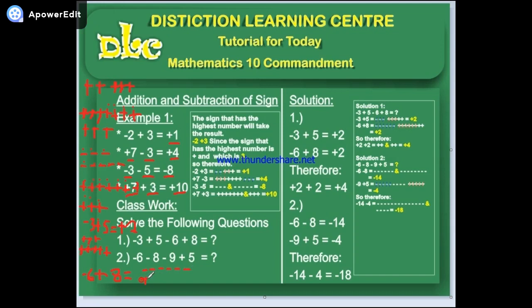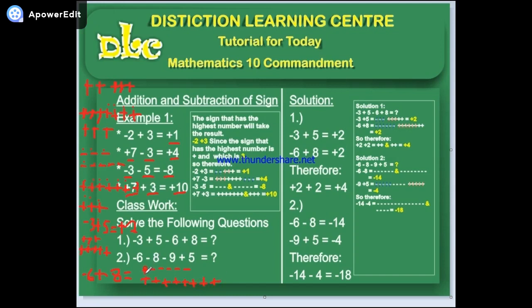1, 2, 3, 4, 5, 6, 7, and 8. So that means you now let the minus cancel the plus.